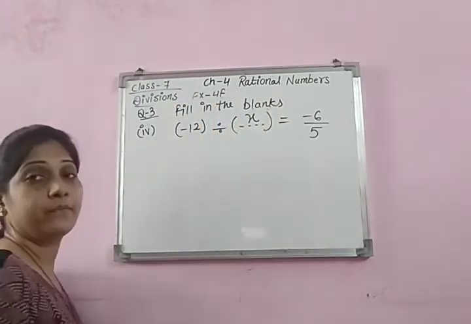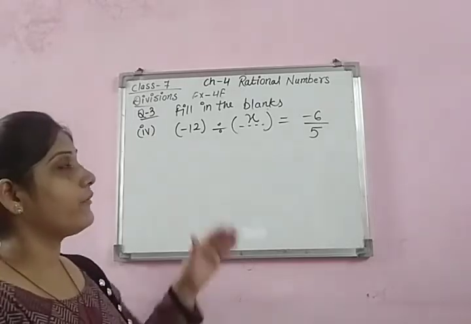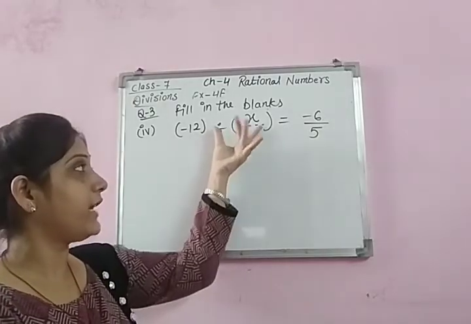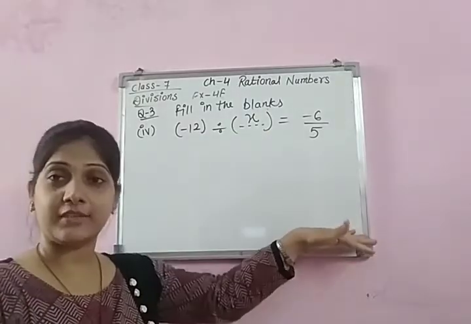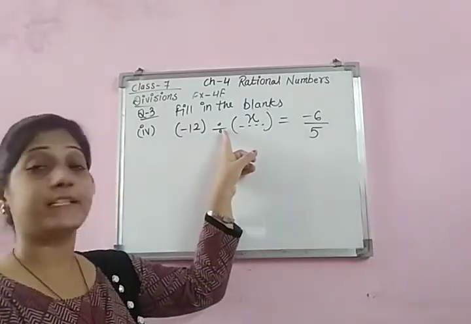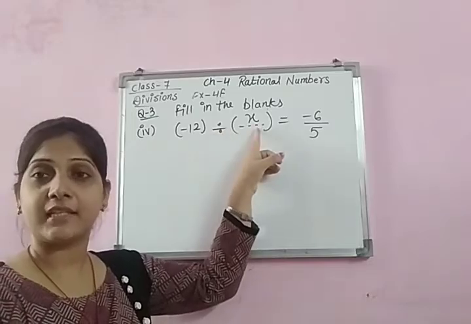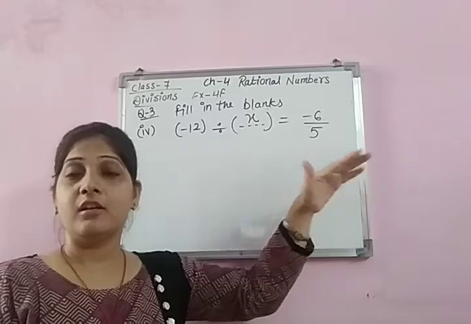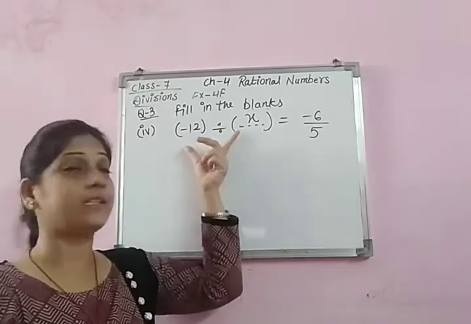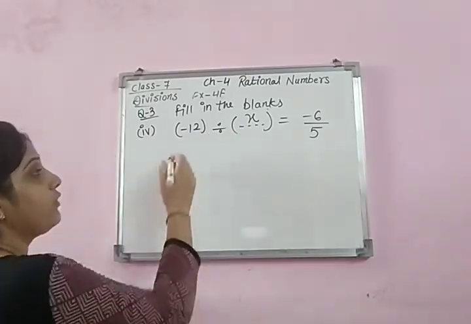It is x. So when you want to find the value of x, we know that we keep the unknown x on this side and transfer everything else to the other side. But here it is not multiplication, it is division by x. So instead of directly shifting, we first solve the left hand side. How?